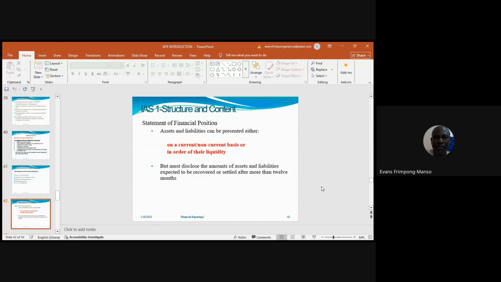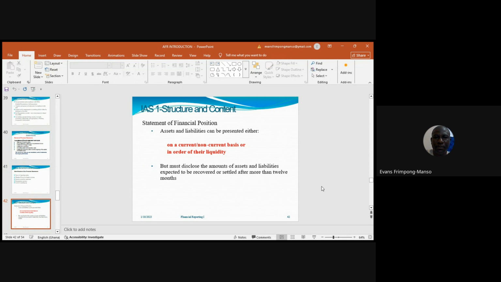Then let's take each of the financial statements. For instance, when we take the statement of financial position, which first we called the balance sheet, principally you see three major items.